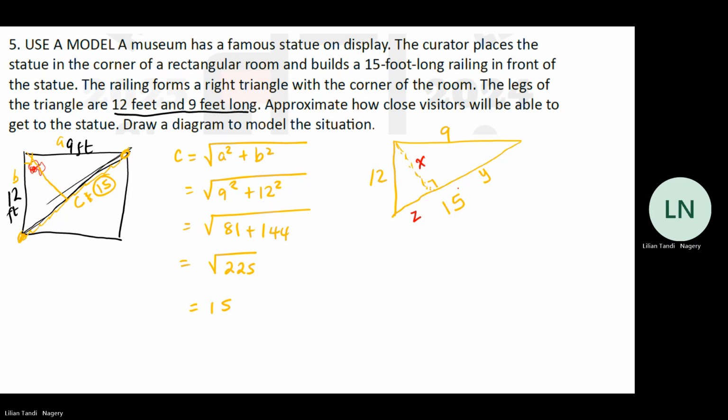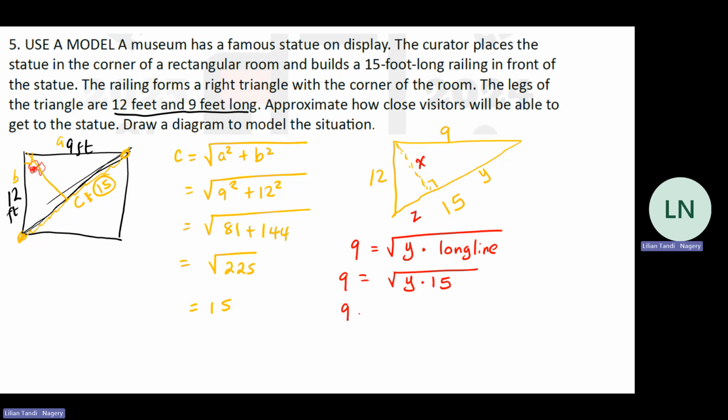So we know that to get 9, I multiply Y with the long line. Okay. So let's find Y. 9 equals the square root of Y times the long line, which is 9 equals the square root of Y times 15. 9 equals the square root of 15y.